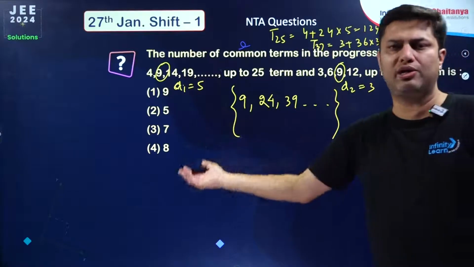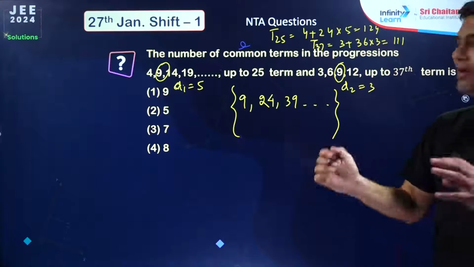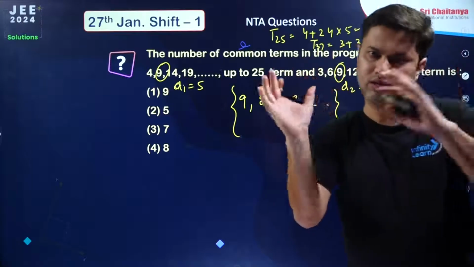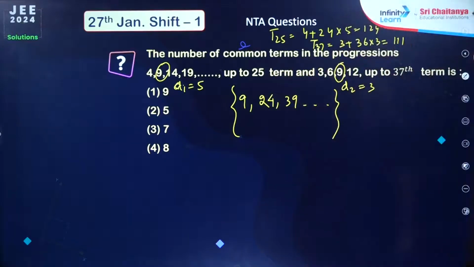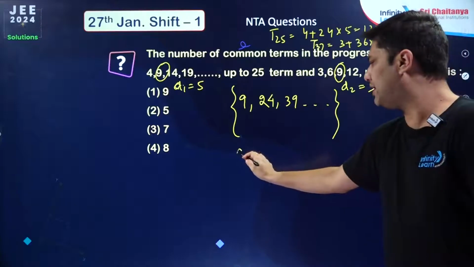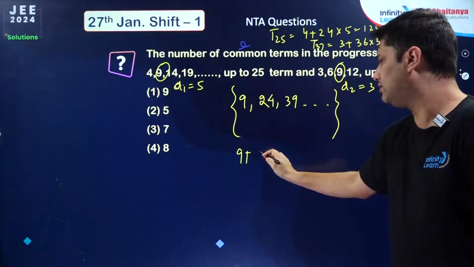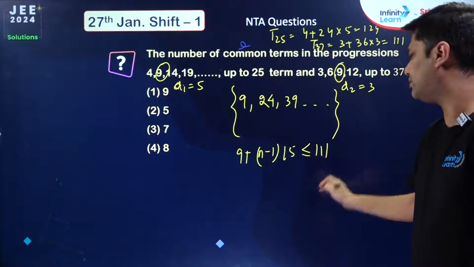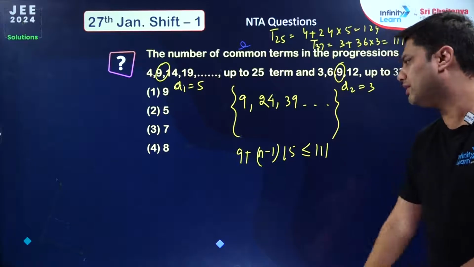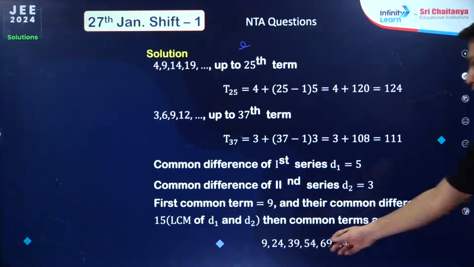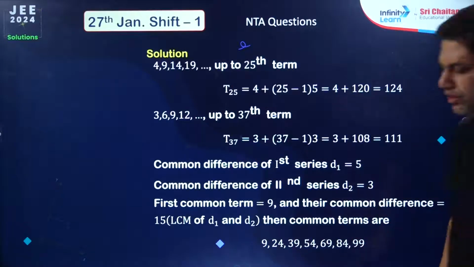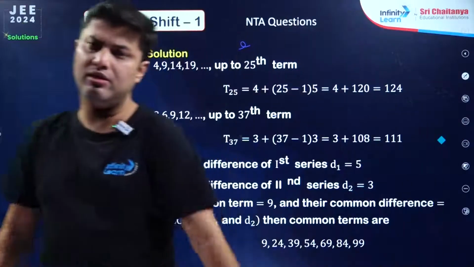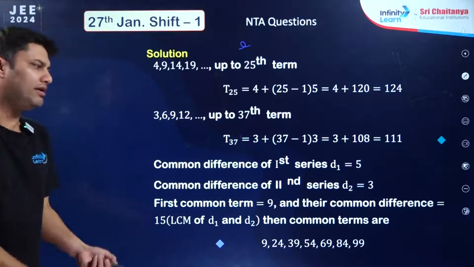So whatever the common terms are, they will obviously be less than or equal to 111. So a plus n minus 1, I don't know the number of terms, into the common difference should be less than or equal to 111. So you can find the value of n, you will get the answer. Okay? So these are the common terms, and you can count or you can find. The value will be 7 point something. So the answer is 7. So 7 is definitely the right answer.